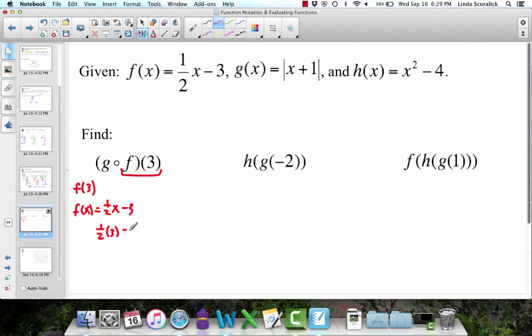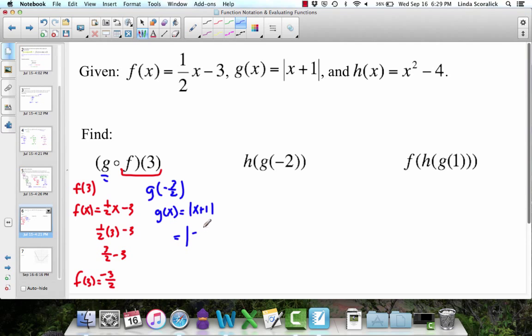Substituting that input, we get 3/2 minus 3, which is going to be negative 3/2. So f of 3 equals negative 3/2. The next one out is g. We're going to be asked to find g of negative 3/2. We use the g of x function, so g of x equals the absolute value of x plus 1.